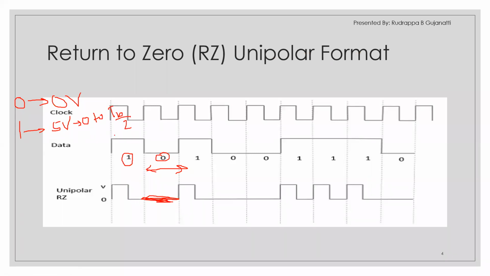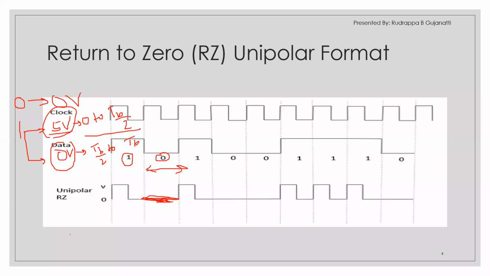For the first half bit period, it will be represented with 5 volt, but for the remaining half bit period, from TB by 2 to TB, it will be represented with 0 volt. So for half of the duration it is 5 volt, and for the rest half it is 0 volt.